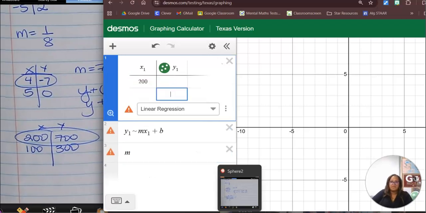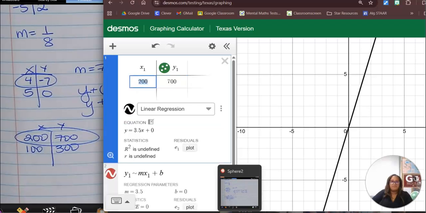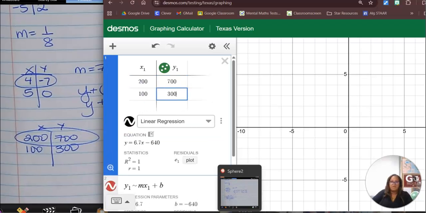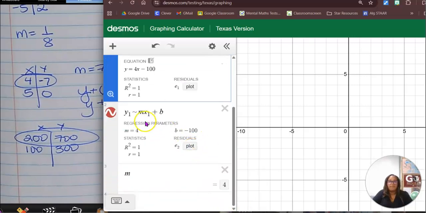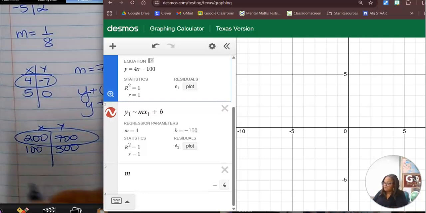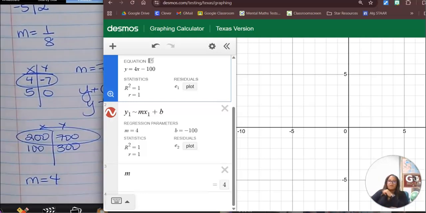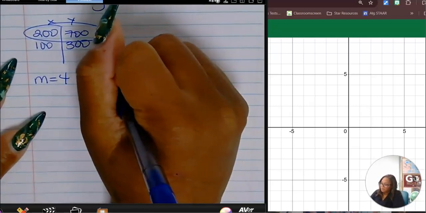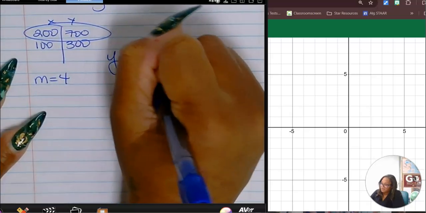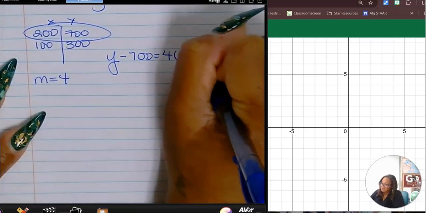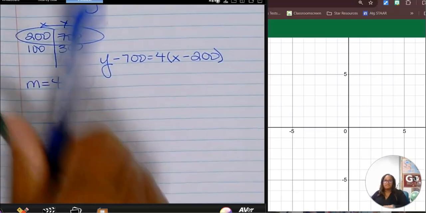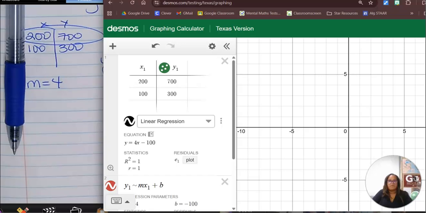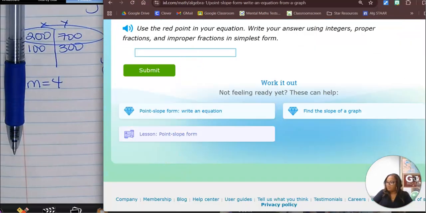All right, 200, 700, 100, 300. All right, my slope is 4. So m equals 4. And then when I plug things in for my point slope, I'm going to say y minus 700 equals 4 times the quantity of x minus 200. And that's what's going to be when I type it in IXL. Y minus 700 equals 4 times x minus 200.